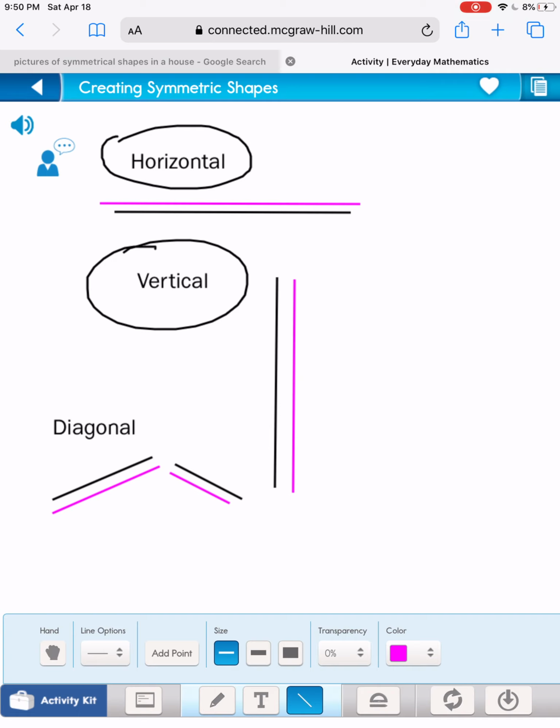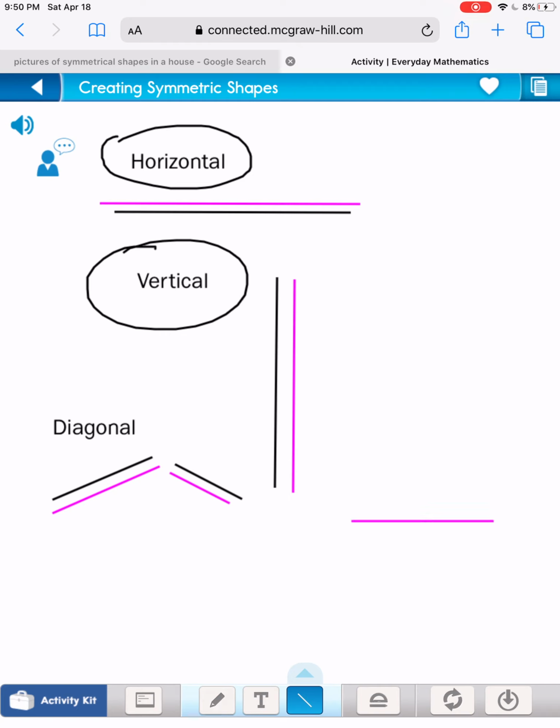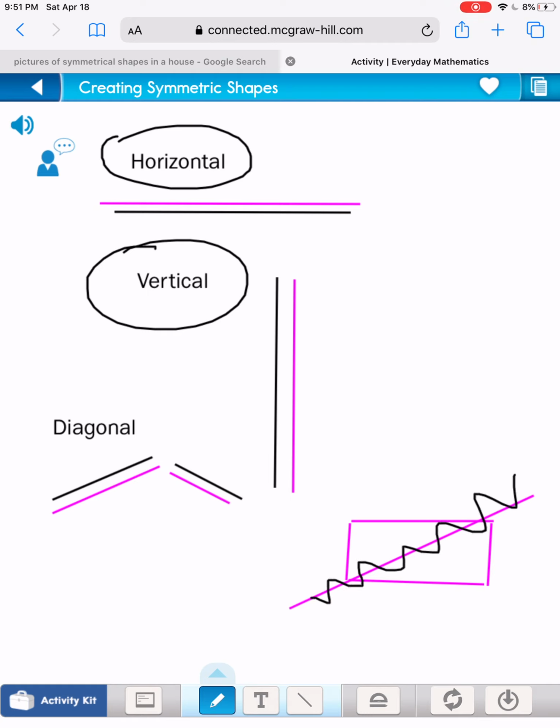So even though if I was to draw a rectangle, it would appear, okay, just like this, that that would be a line of symmetry because it looks like they're the same shape. When you fold that shape going through that diagonal line, the corners and sides do not match up. So that is not a line of symmetry here.